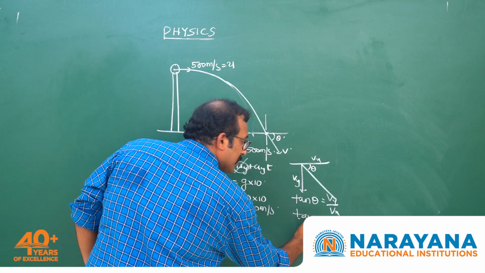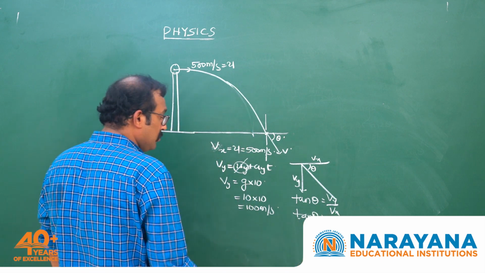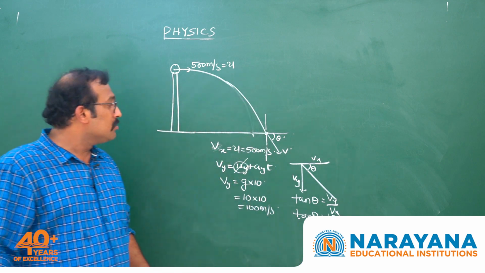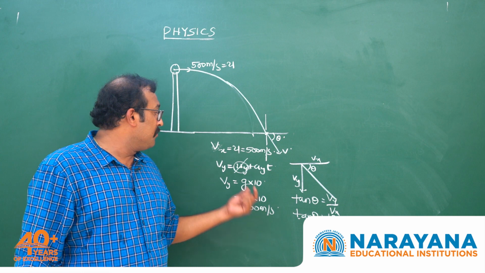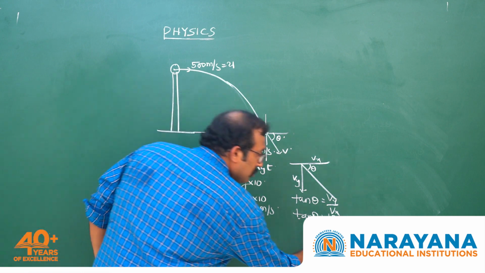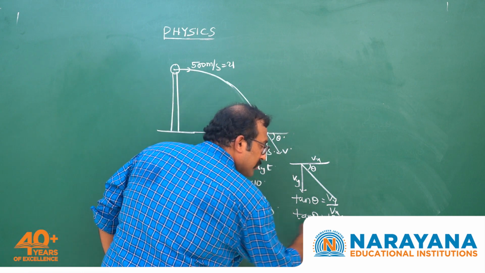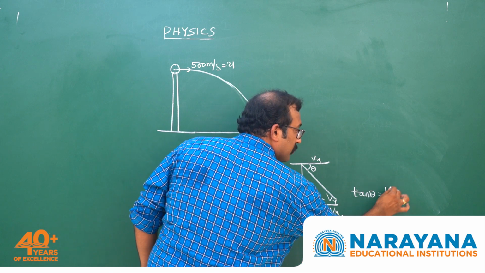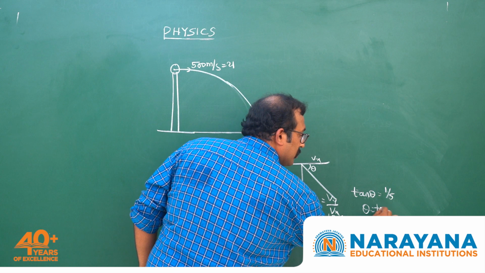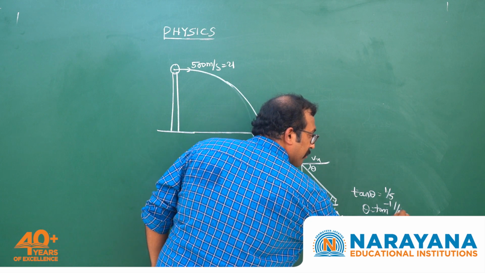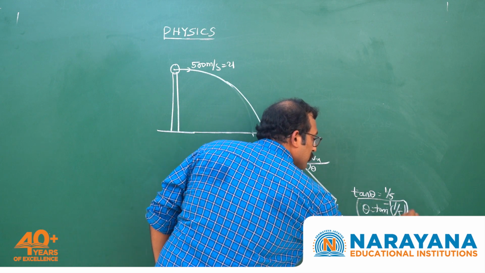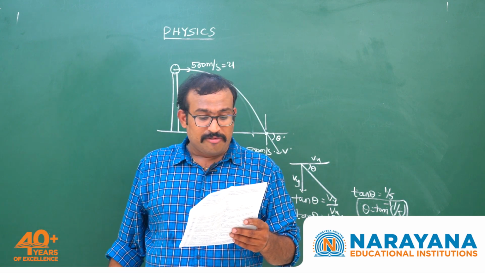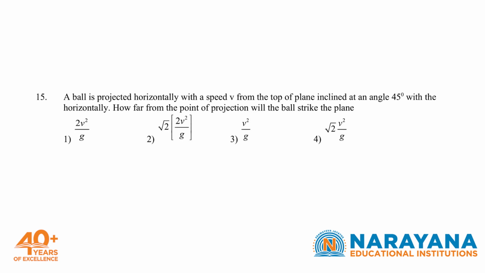Therefore tan theta is 100 by 500, so tan theta is equal to 1 by 5. Theta is equal to tan inverse of 1 by 5. So this is our answer. So our option from the given is the third one.